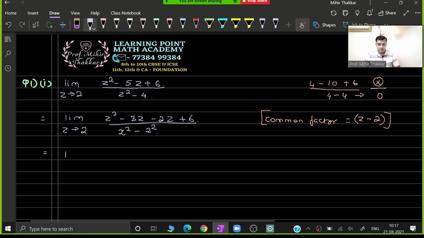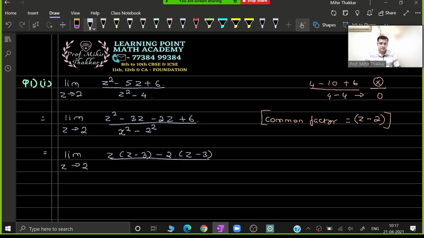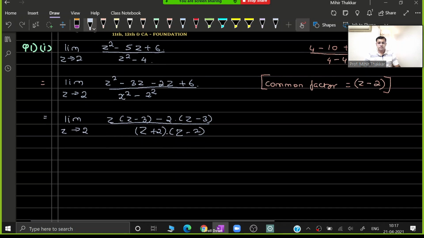This will be equal to limit as z tends to 2, z into (z minus 3) minus 2 multiplied by bracket (z minus 3), divided by (z plus 2) multiplied by (z minus 2).